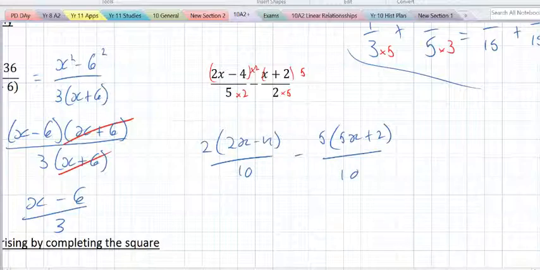And then do you add them? No. Then you expand. 4x take 8 over 10. Can you cancel? Can you get rid of the 10?